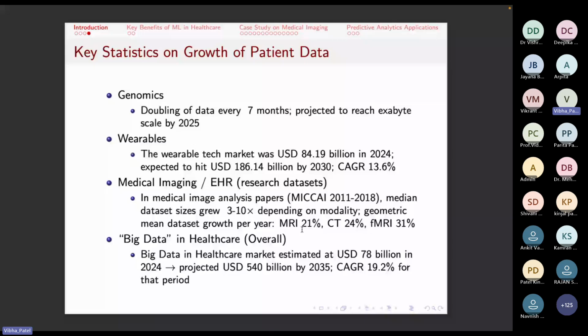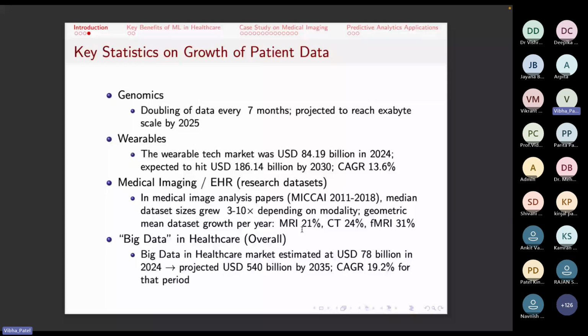24%, 31%, respectively. The other domain is big data, which is projected to be 540 billion US dollars in 2035. In 2024, the quantum was 78 billion, but you can see the exponential growth in the healthcare market of big data. So a CAGR of 19.2% for this period is what is expected in big data in healthcare.